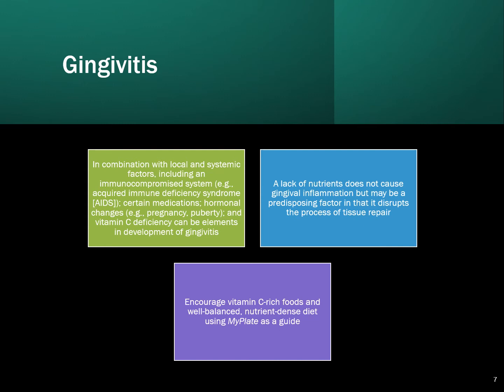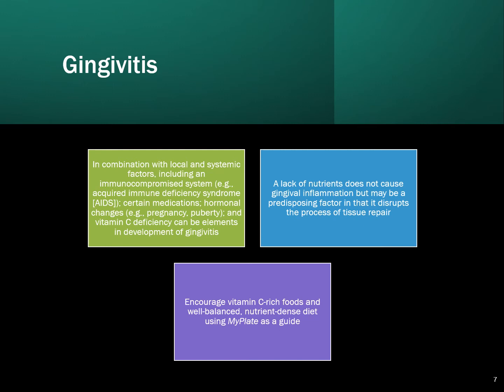Do they have an autoimmune disease, or do they have HIV? We're going to be looking at certain medications. Does this medication prevent them from absorbing whatever it is? Remember, we talked about some of the anti-seizure medication will prevent being able to absorb certain vitamins. And then we're going to be looking at hormonal changes. Are they going through pregnancy or puberty or menopause?